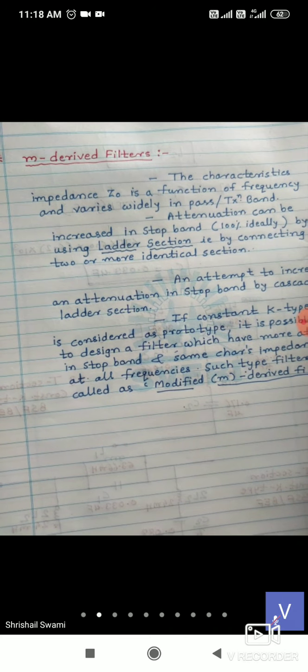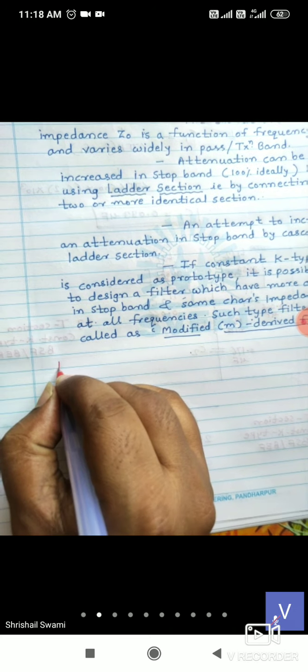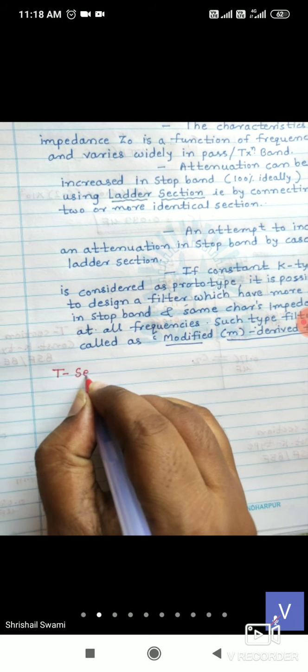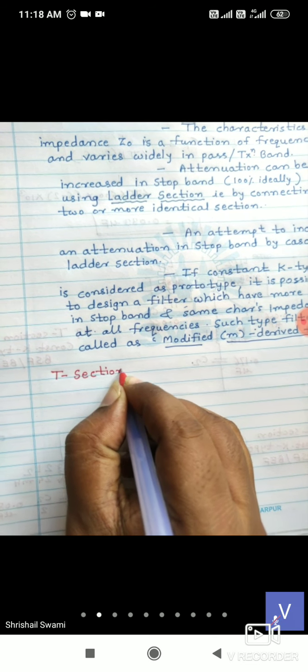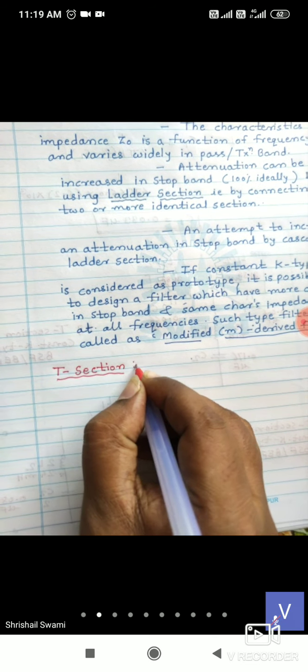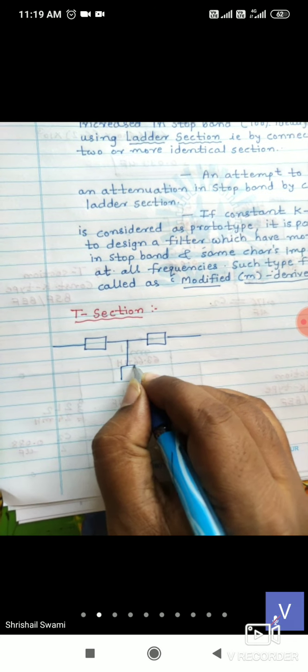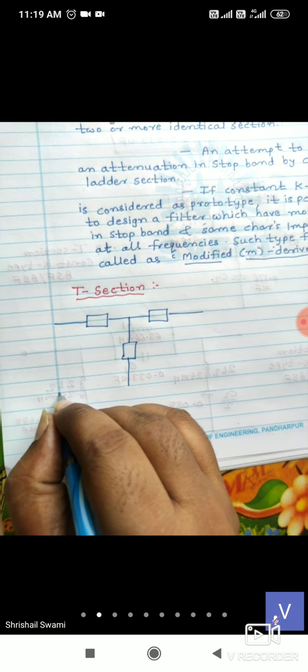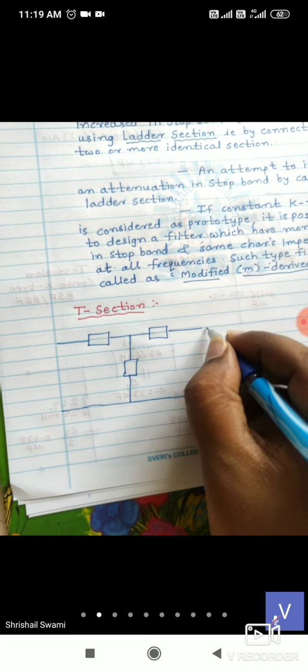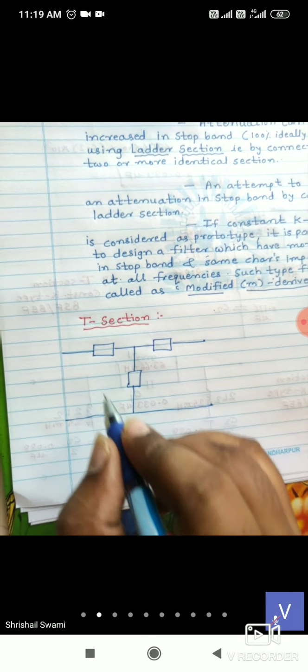Okay, so now we are going to consider the T section and pi section. What will be the modification that we will see? So T section, constant K type we are going to consider. So if you are considering that, T section in terms of Z1, Z2 like this. So what will be the original T section constant K type?